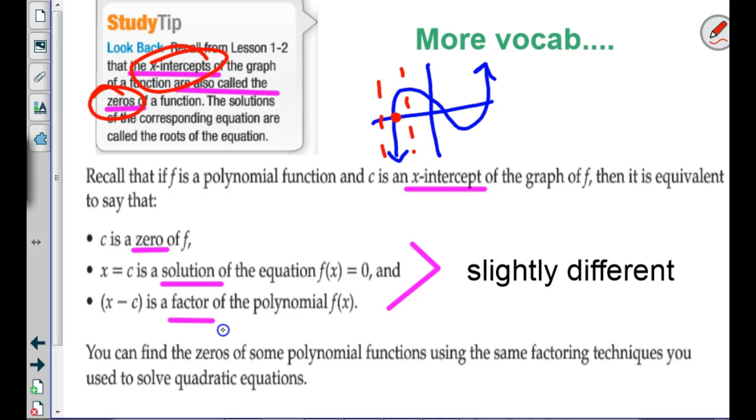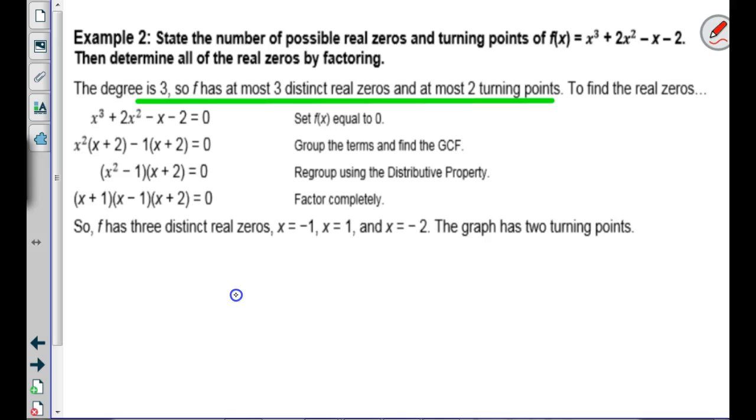A factor is slightly different because if this was at -3, the actual factor would be x plus 3. Does everybody make sense of that? It also can be called a solution. So we have more words than we want for that. It's a root, it's a zero, it's a solution, it's a factor. What did I miss? It's an x-intercept.